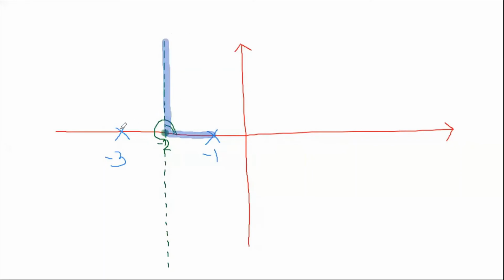Then another branch will start from another pole, breaks at the breakaway and follows the other asymptote. So this is one branch, this is one branch, this is another branch. Fine. So this is our root locus.